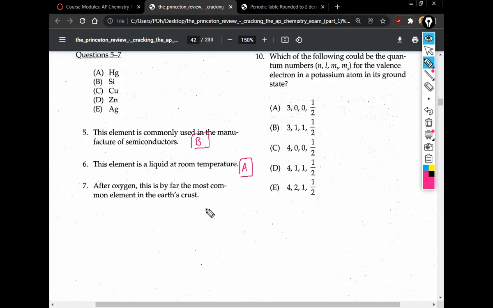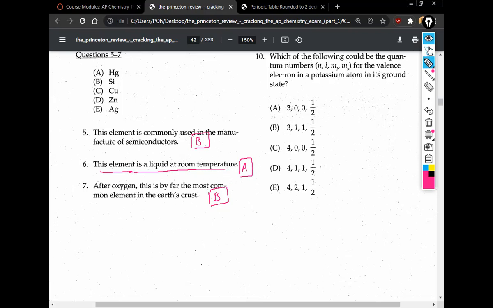It's actually silicon, about 26%. Those are just some information you might need about these elements. Nothing too fancy. You probably won't have questions like this on the AP test except this one about mercury, but it seems like everyone got that one right.